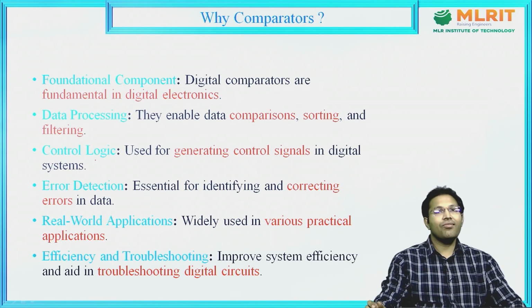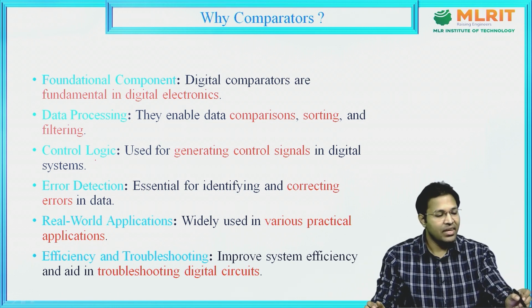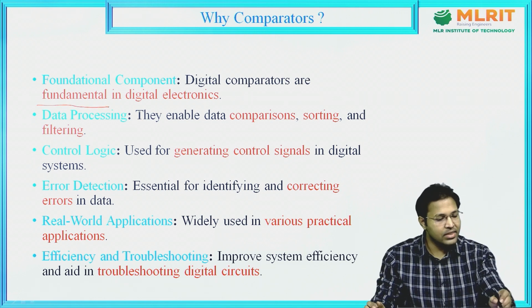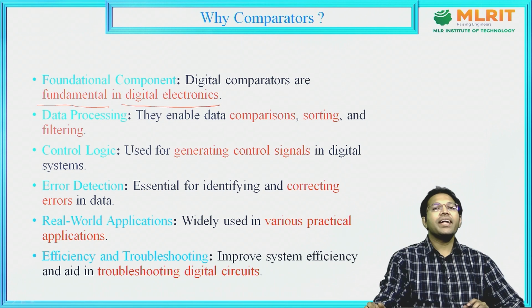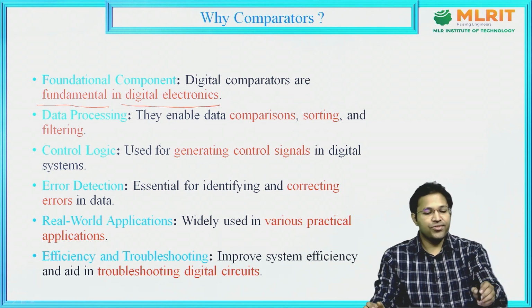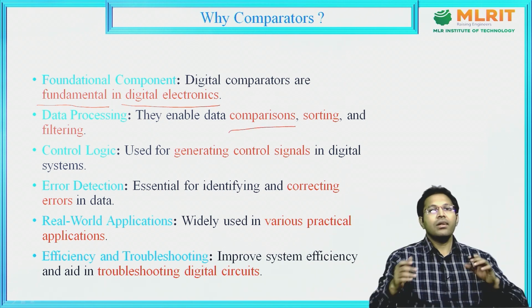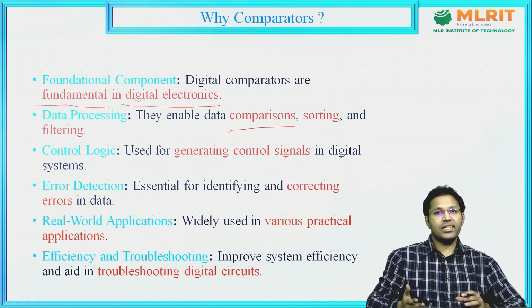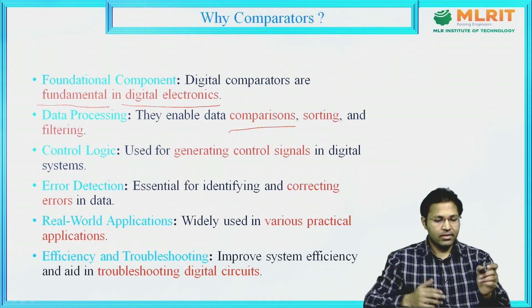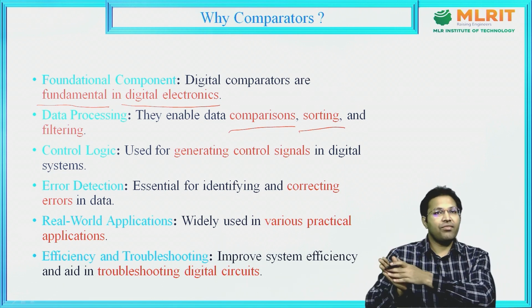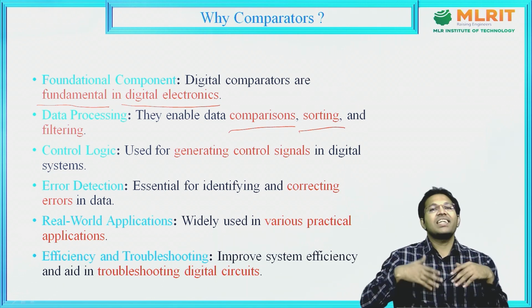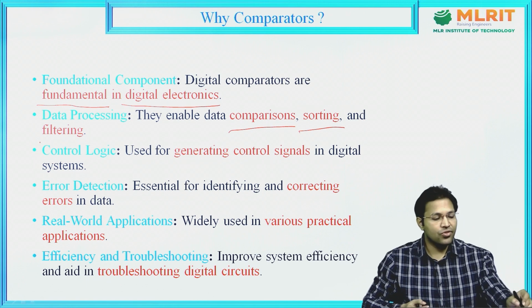First of all, why do we need to study comparators? Because digital comparators are fundamental blocks in digital electronics. Not only are they useful for comparison, but after comparison, for example, we do sorting, so comparators facilitate sorting and also filtering.